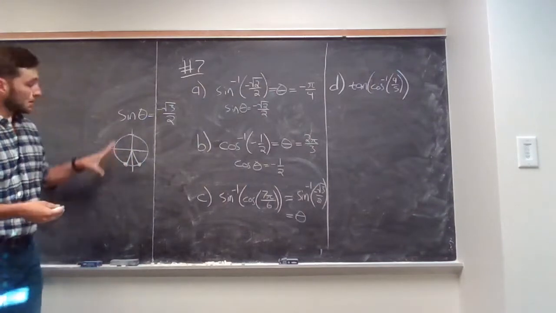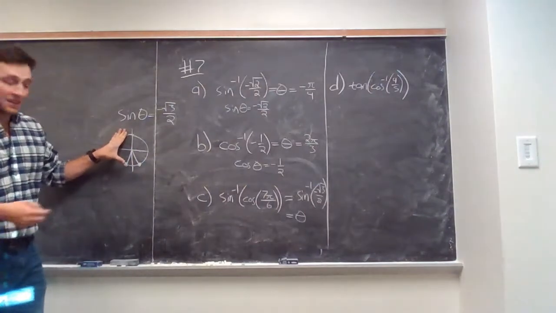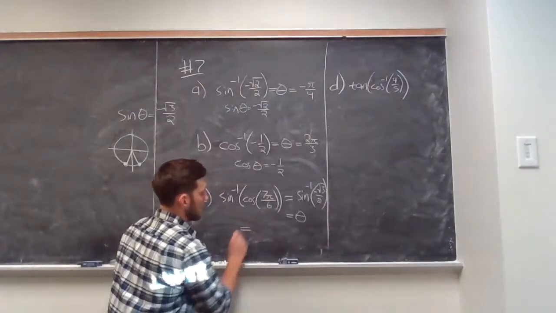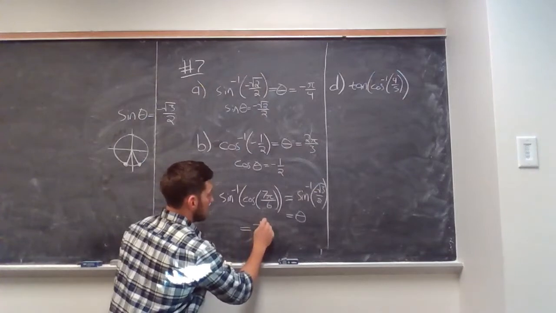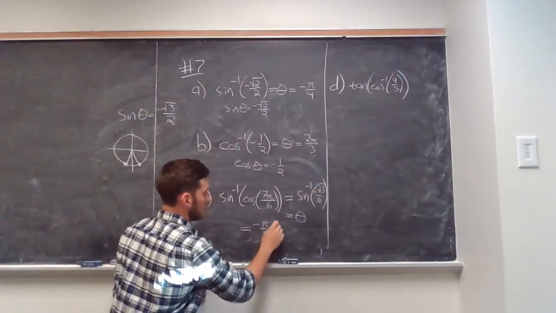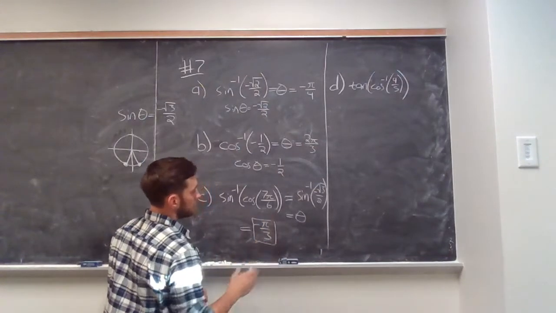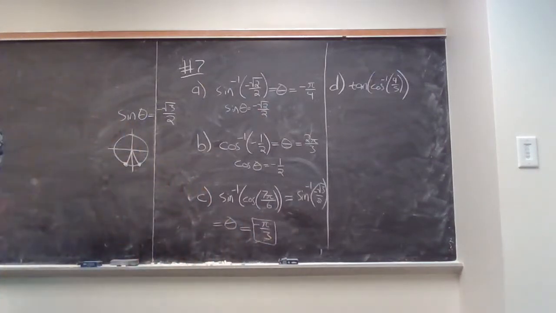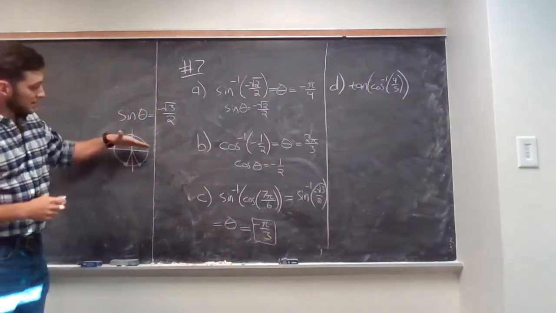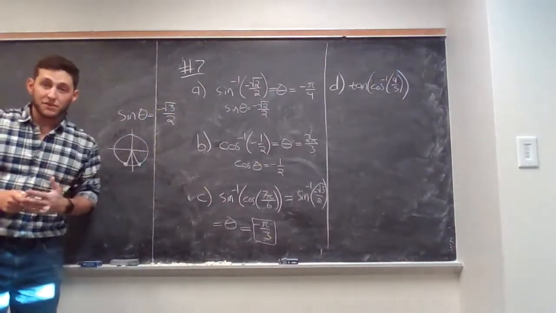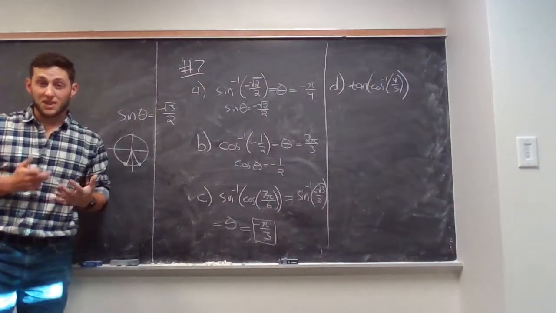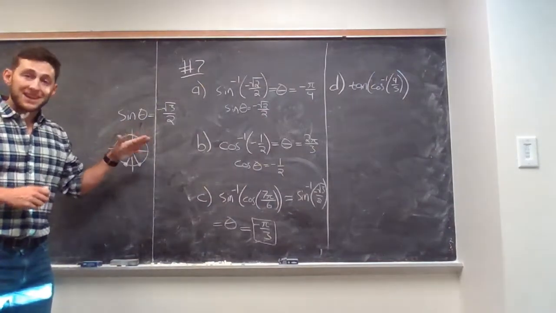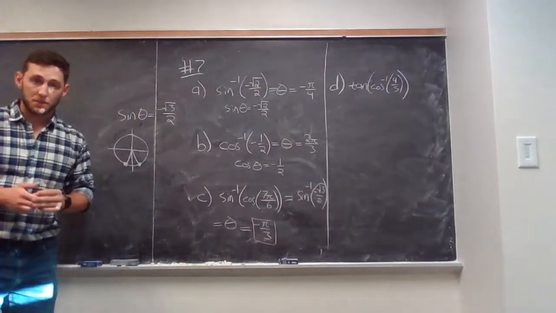But then remembering the range of inverse sine, I choose this one, which is equal to negative pi over 3. Now, the negative is just the negative version of 5 pi over 3. So remembering the range of inverse sine, that's what you end up getting. But it comes from this question here: when is sine of theta equal to negative square root of 3 over 2?